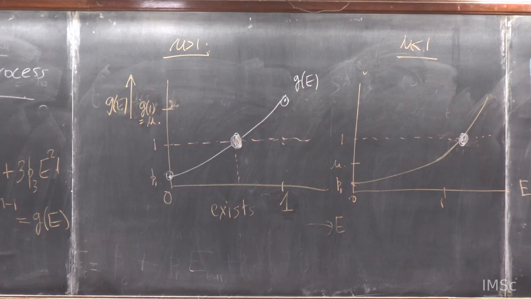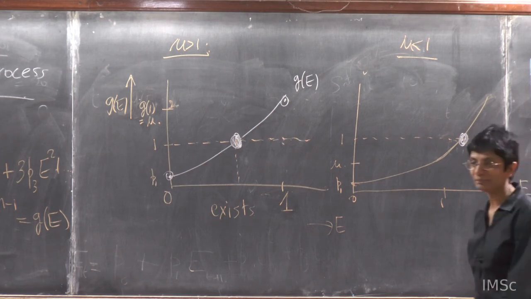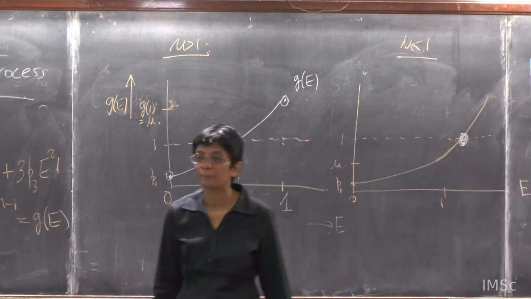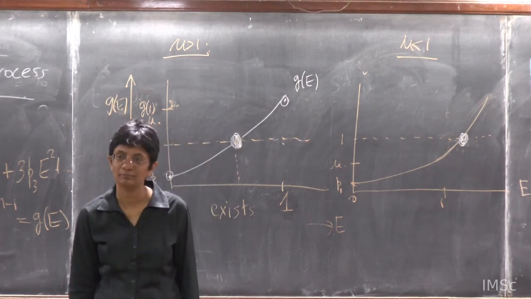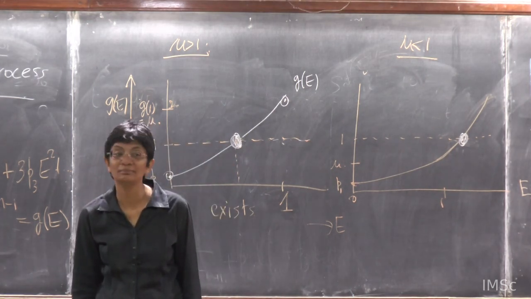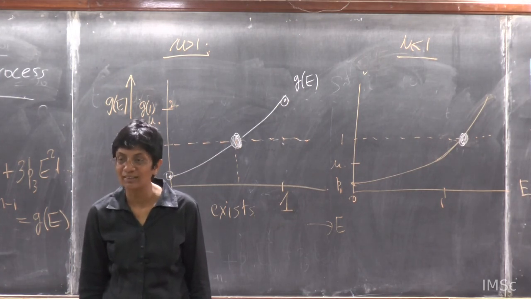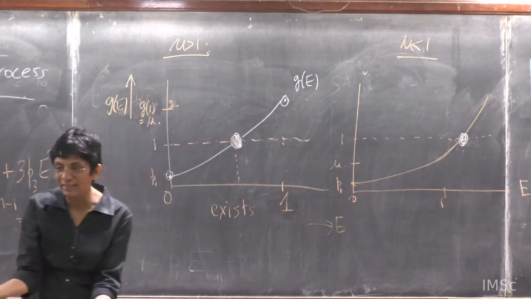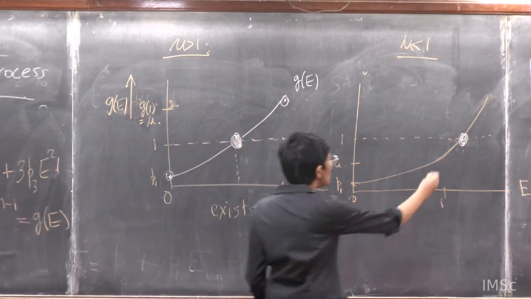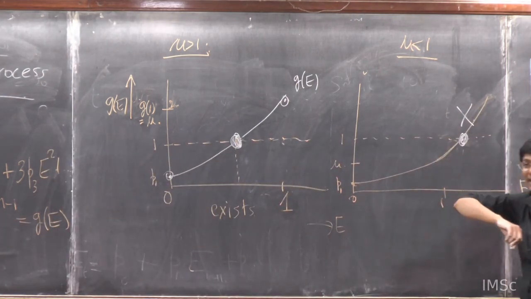Why is that okay? First order question: is it okay or not okay? If it's okay, why is it okay? Huh? It's not? Why? E is a probability, yeah. So I cannot have a solution above 1, right? So this solution is invalid, right?